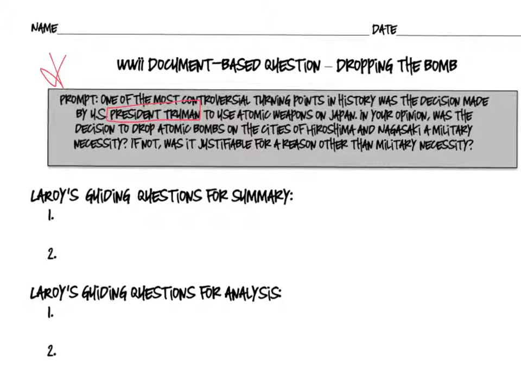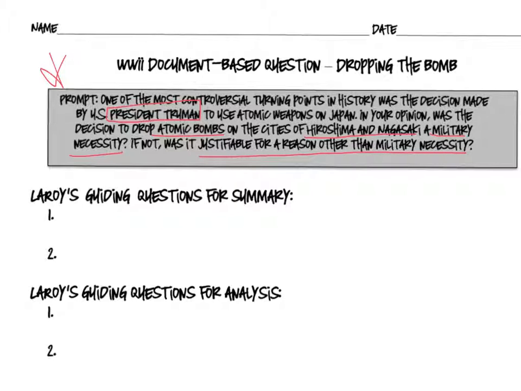In your opinion, was the decision to drop atomic bombs on the cities of Hiroshima and Nagasaki a military necessity? So, did we have to do that? Was that absolutely necessary for us to drop the bombs for World War II to end? If not, was it justifiable for a reason other than military necessity?